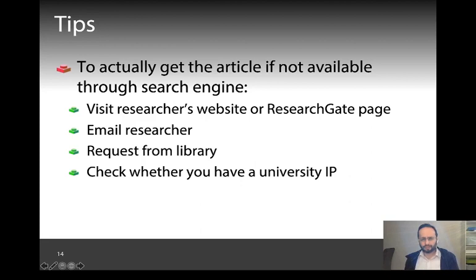If that also doesn't work, typically there is a corresponding author, as is known in each paper, and typically the journal or conference proceeding or even the book is going to include the email of the researcher. So you could email the researcher directly. I have certainly received such emails in the past. And if that doesn't work, then you can always request that particular paper from your library. Typically, they should be able to provide it to you, but I would do that last.